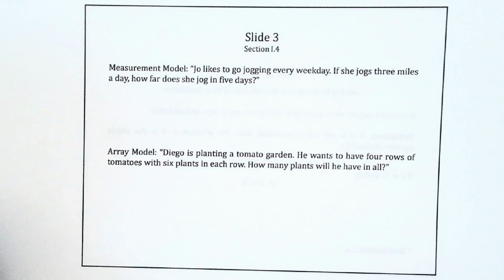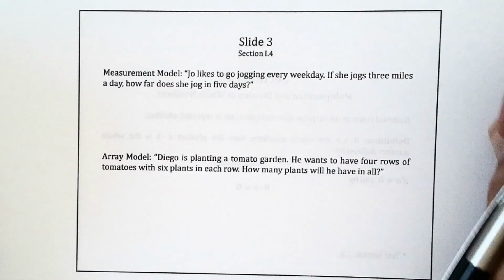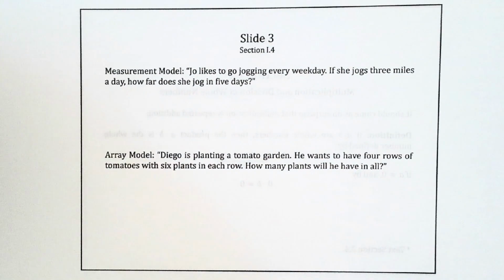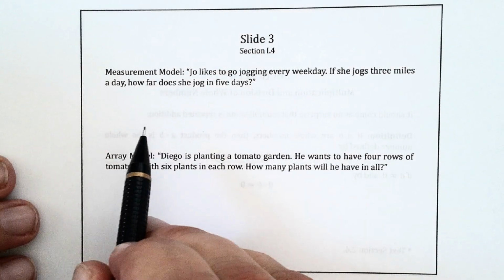Okay, the second model is the measurement model. Joe likes to go jogging every weekday. If she jogs 3 miles a day, how far does she jog in 5 days? So let's draw a number line.